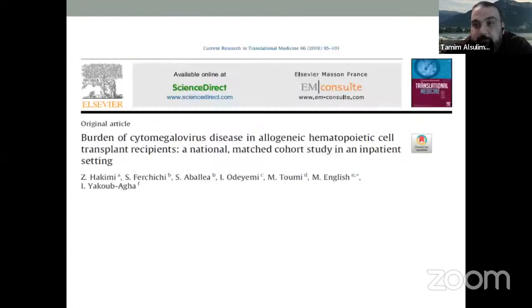I'll go very quickly on the burden of cytomegalovirus in allogeneic hematopoietic stem cell transplantation, with a good article from the Lille Hospital Center.